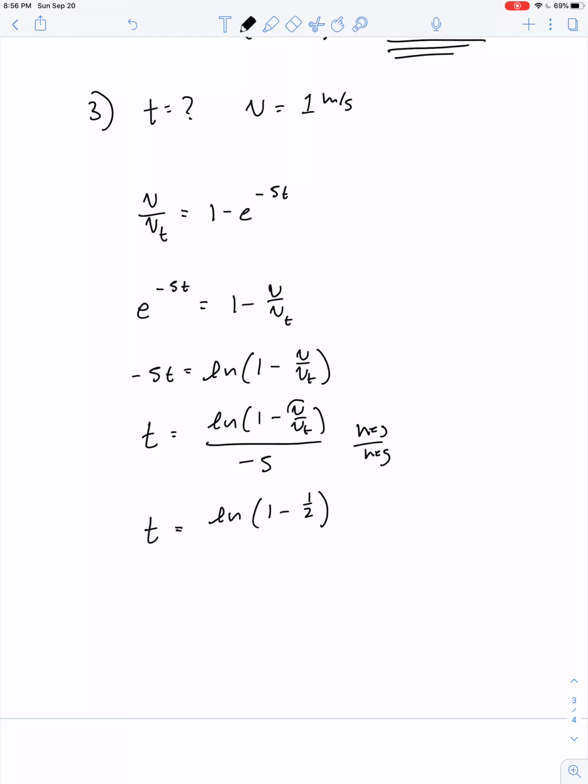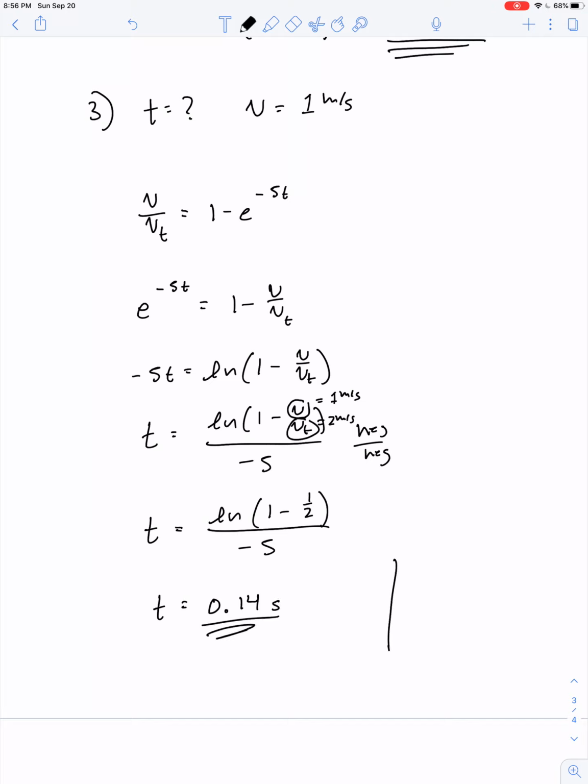We're saying how much time until v is equal to 1 meter per second, and we know the terminal velocity is 2 meters per second, so 1 minus 1 half is itself 1 half, and the natural log of 1 half divided by negative 5 gives us a time of about 0.14 seconds, 14 hundredths of a second.